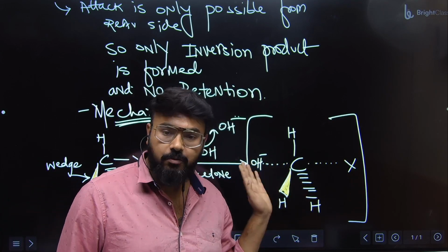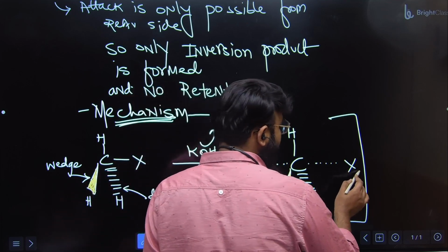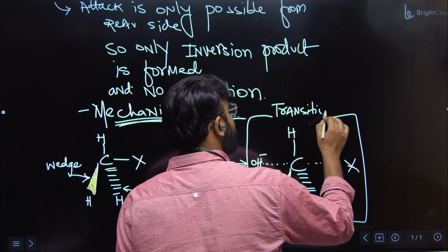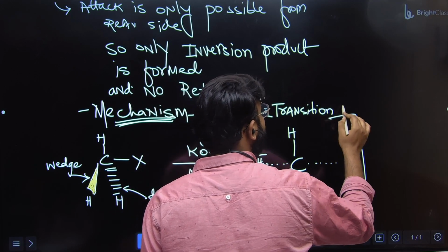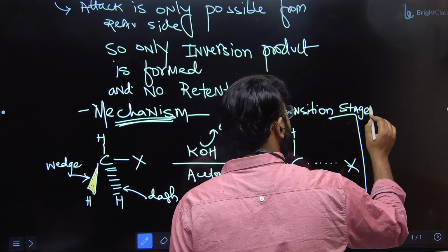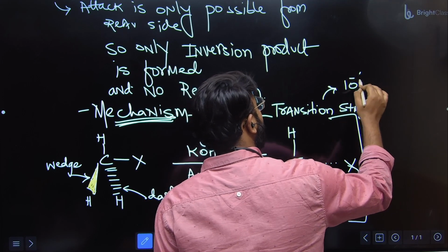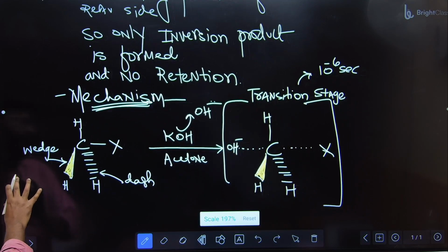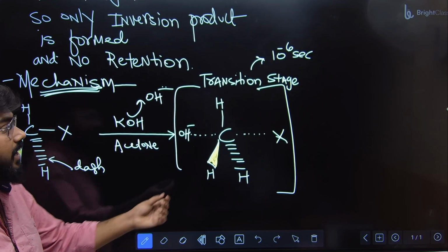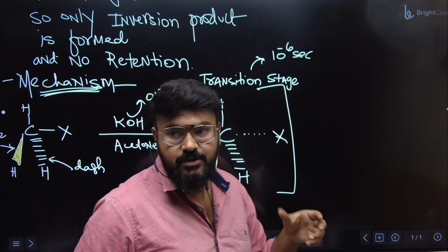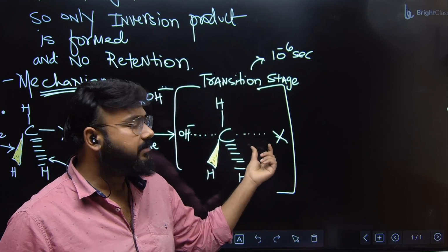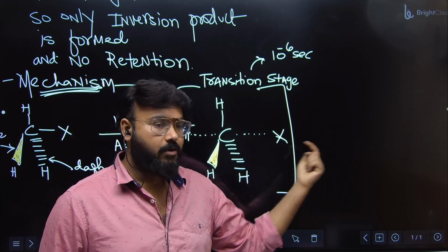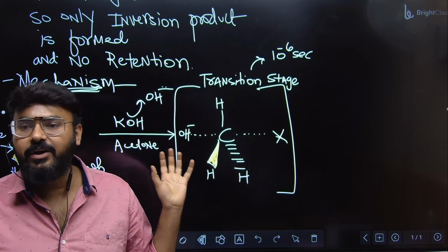Breaking and attachment both happen at the same time. Okay, so it is called transition stage. It's very short lived. You know how long it lives for? 10 to the power minus 6 seconds. Got it? And finally, understand, because the attachment and breaking happen at the same time, when one nucleophile is still there, it won't allow another. That is why no retention, only inversion.